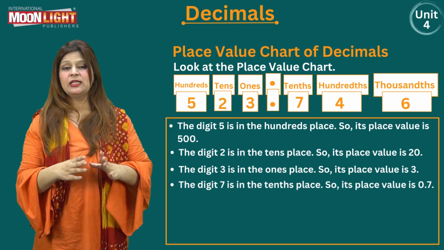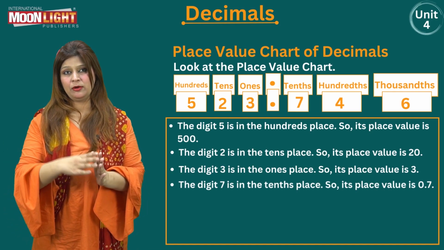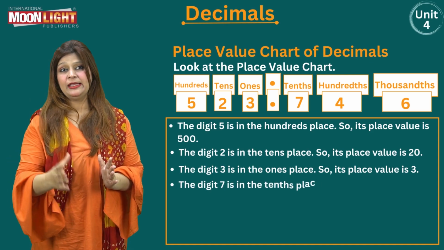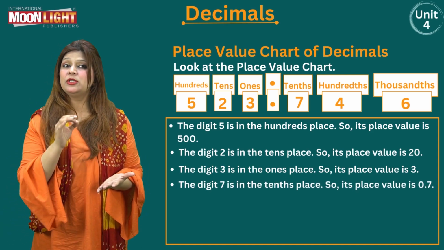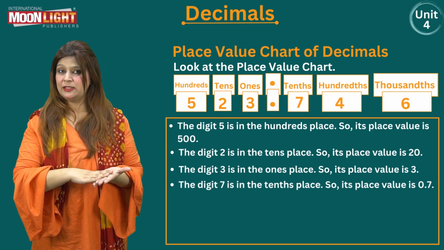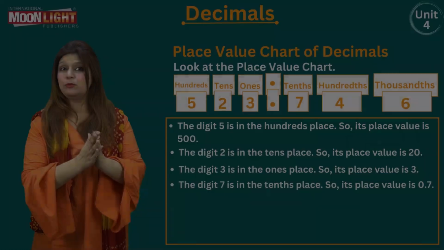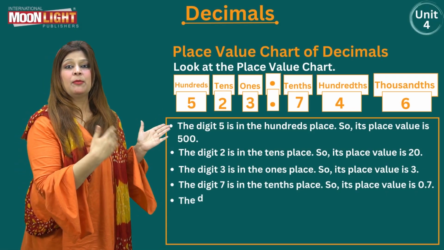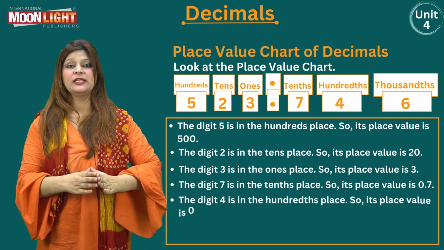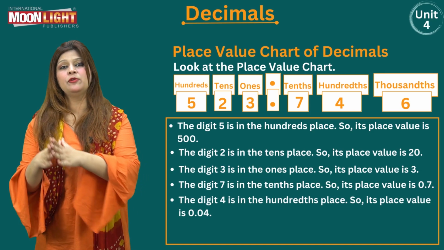Now if we concentrate on the next number, we are going to put the zeros as we did in the whole number chapter, in the same way, but after the decimal point. The digit 4 is in the hundredths place, so its place value is 0.04.